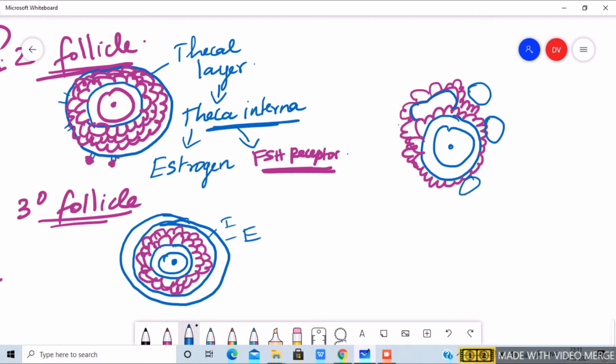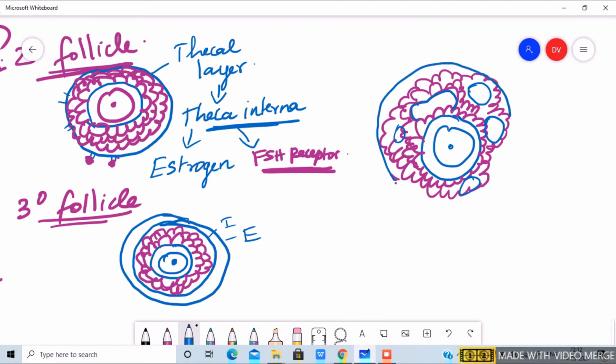Some cavities like this. I'll tell you what those cavities are known as. That will be surrounded by theca interna and theca externa. So this tertiary follicle is what I am drawing now. Inside you have the secondary oocyte.